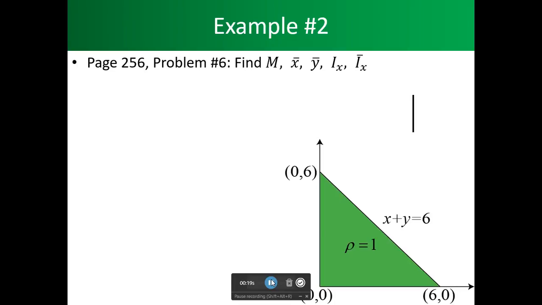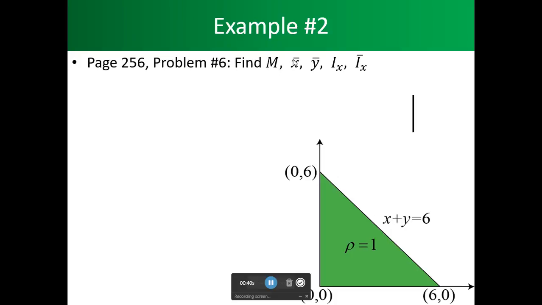So we're doing another example. This example has a triangle with a density of 1, and it gives us one of the sides in terms of x and y.